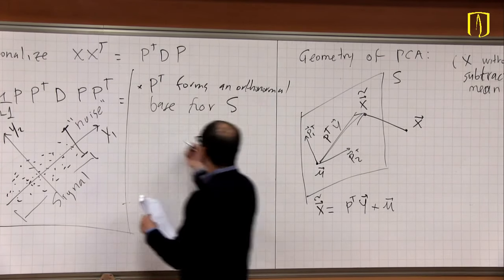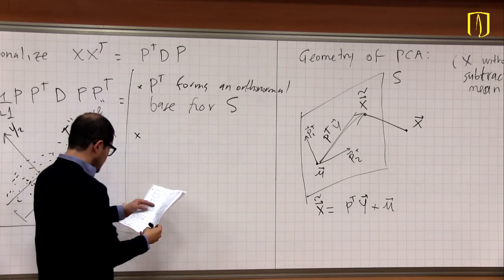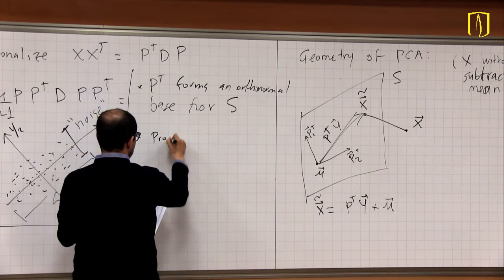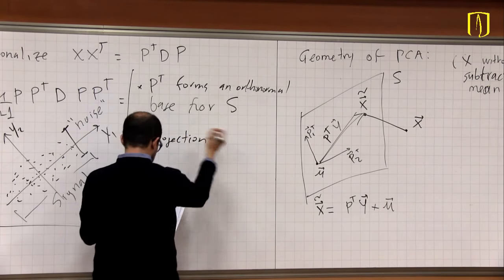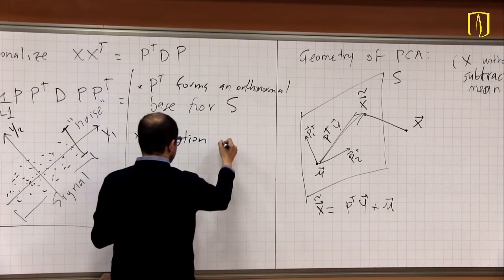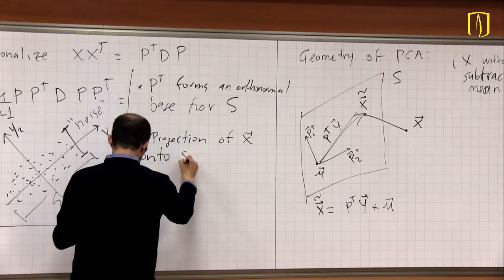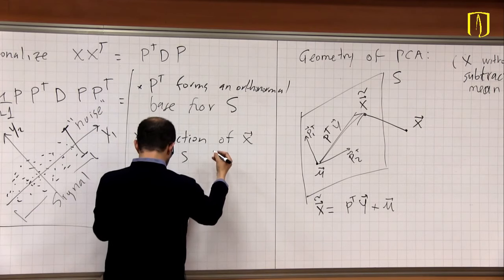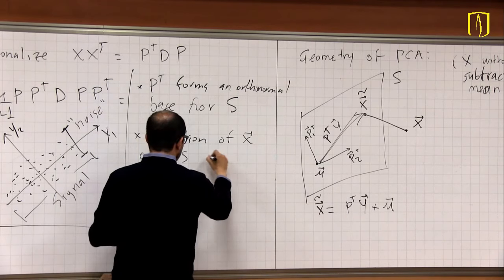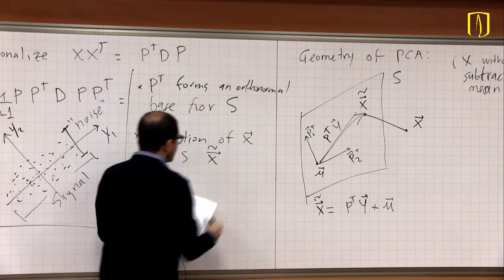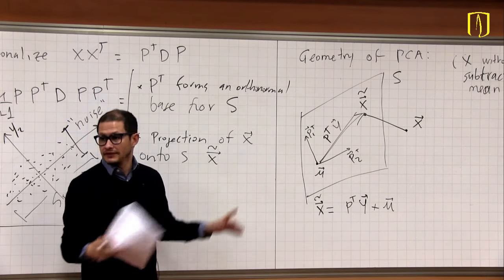So P forms a basis, and the projection of x onto S is the closest you can find if you do PCA.